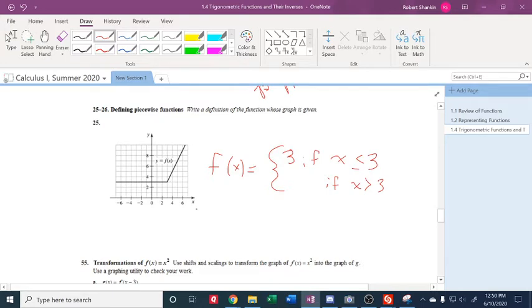For this function right here, we need to find the equation of that line. I could try to extend the line down and see where it hits the y-axis, and if I just guessed at maybe -1, I'd be kind of there. But to be more precise, this point looks like the point 3 over, 3 up.